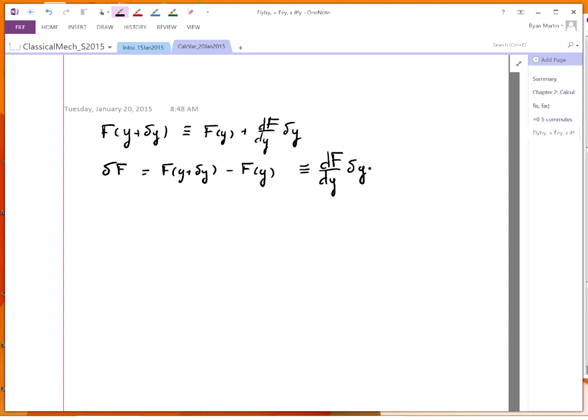And so that is the chain rule for variation. So delta of F of y is equal to dF by dy times delta y.